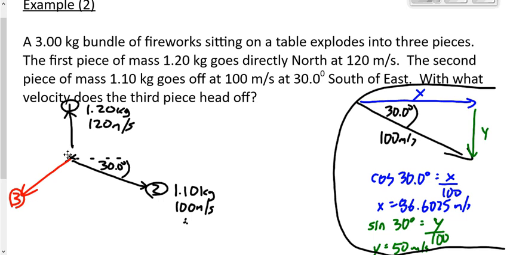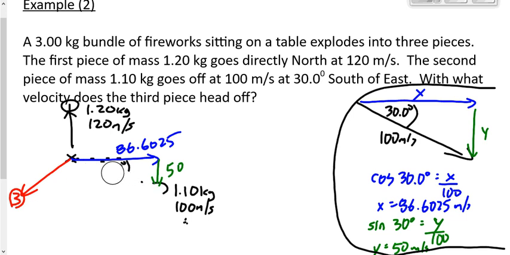Now, you don't have to do what I'm about to do, but you can if you want. What you can do is replace this 100 meters per second with this 86.6025 and this 50. And if you want, you can even erase this.